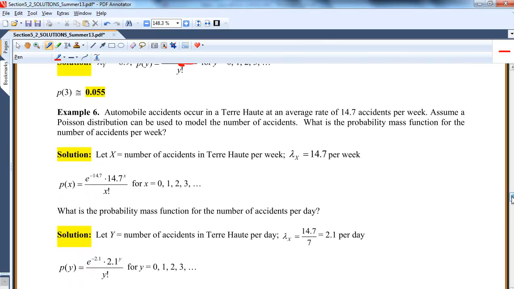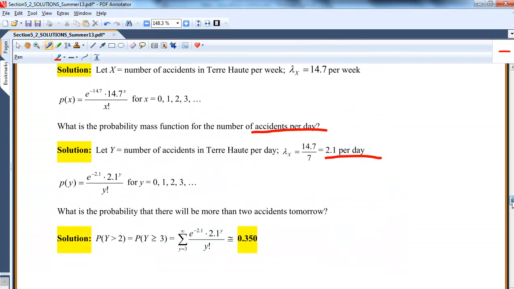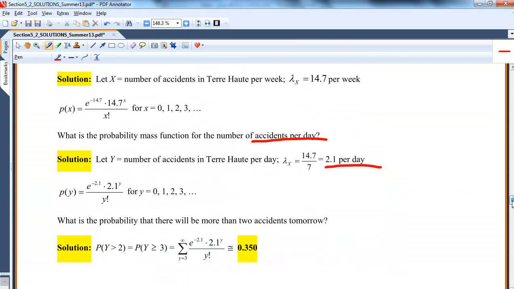If I give you a problem starting out with accidents per week, but then ask about accidents per day, then lambda has to be on a per day schedule. That's the one thing you can do wrong with a Poisson, is not convert to the same time frame. The lambda has to be on the time frame of the problem itself.